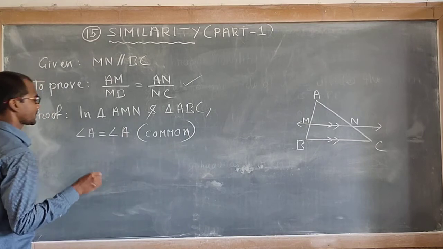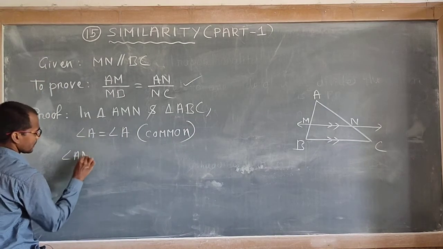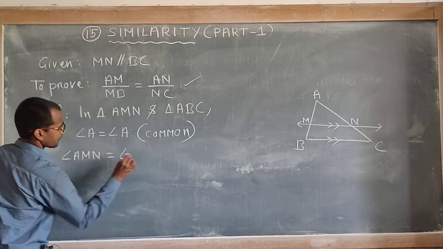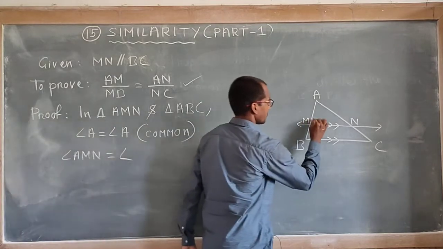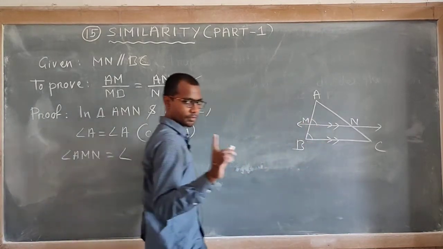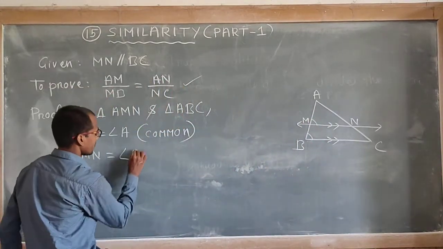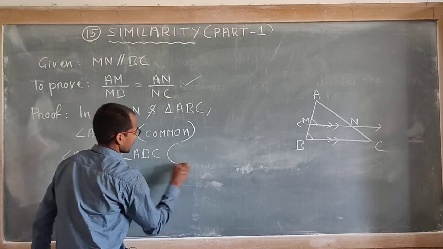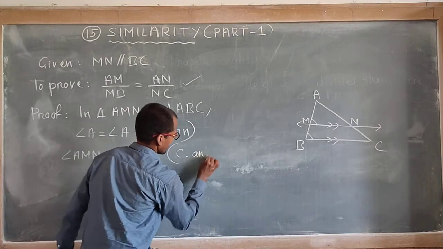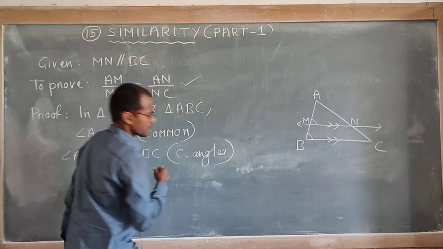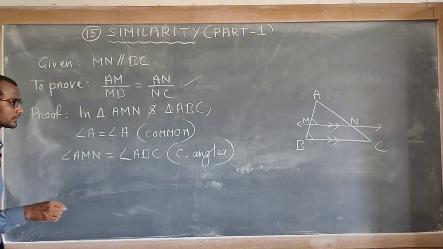Next, angle AMN should be equal to angle ABC, corresponding angles.